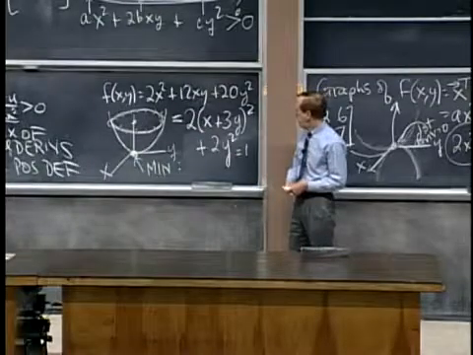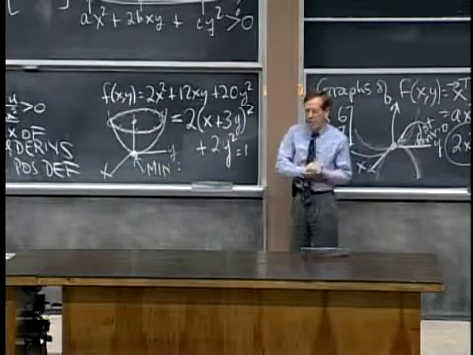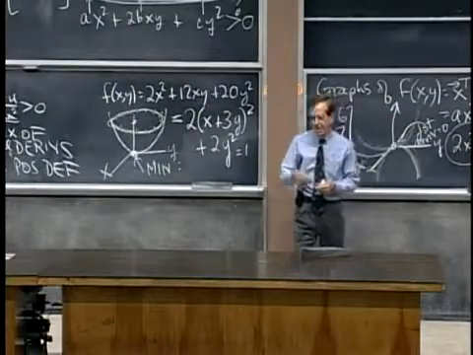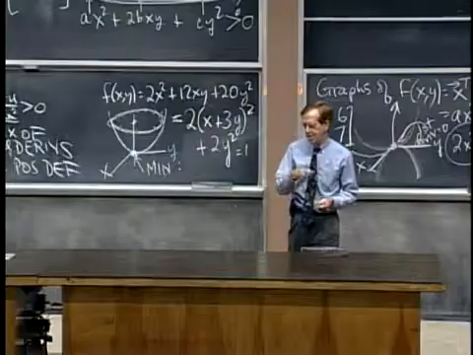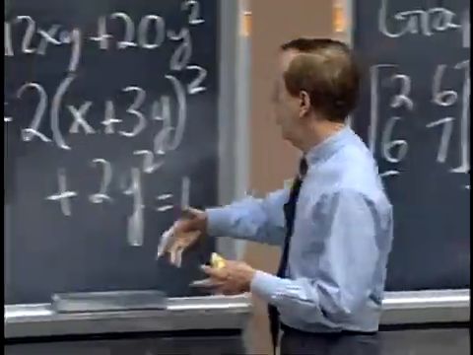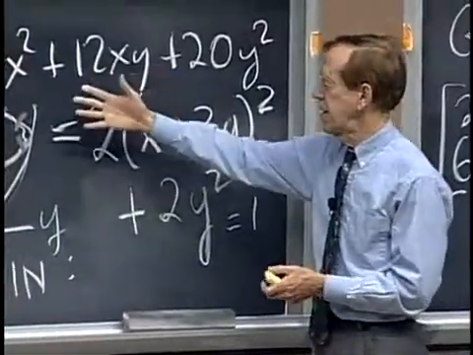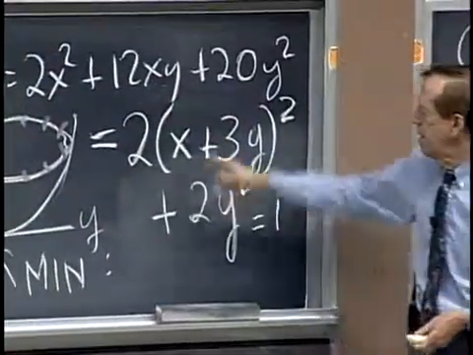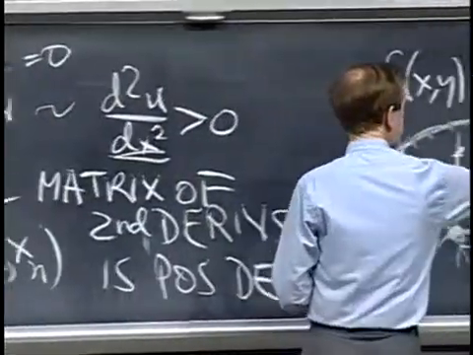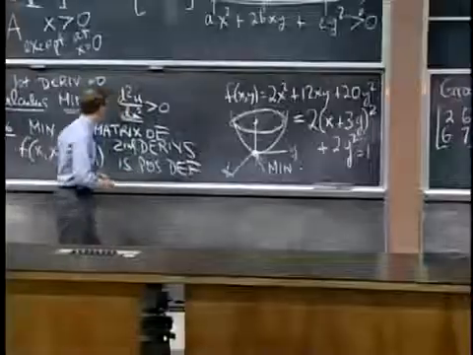Actually, those numbers come from elimination. Completing the square is our good old method of Gaussian elimination expressed in terms of these squares. Let me show you what I mean. I just think those numbers are no accident.